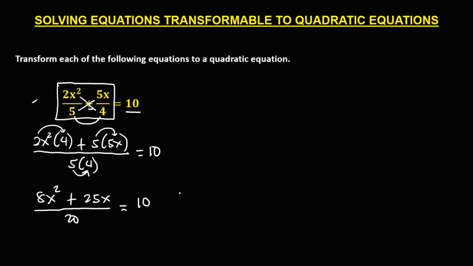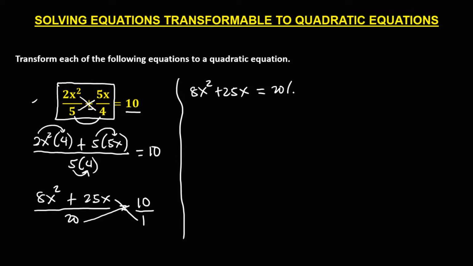Then to simplify, we just need to put denominator 1 for this 10, then using cross multiplication, we have 8x squared plus 25x times 1, so 8x squared plus 25x, equals 20 times 10.